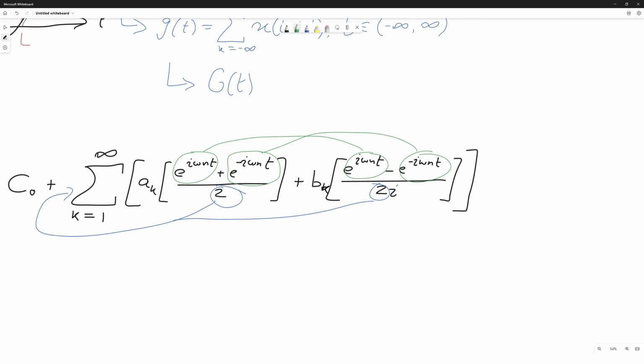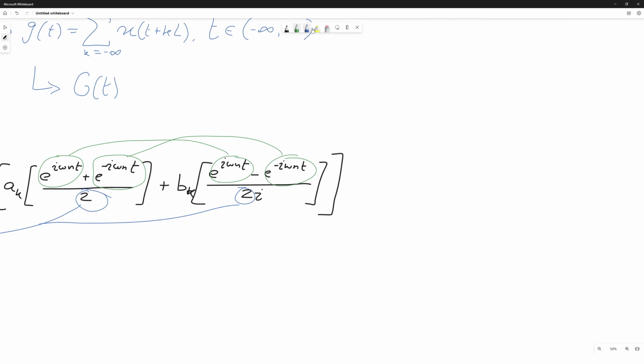And finally, let's notice that we have an i in the denominator. If we have 1 over i, we can multiply by i over i, which is just 1, and we get i over i squared. And this i squared, by definition, is minus 1. So we have minus i. So 1 over i is just equal to minus i.